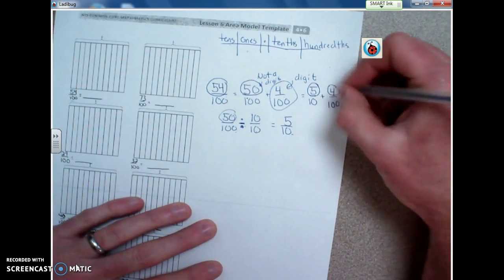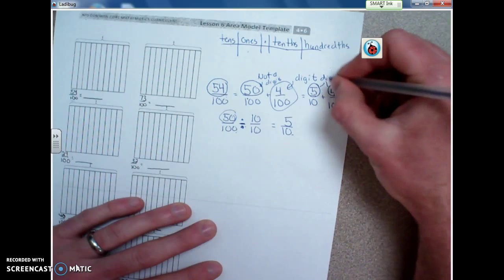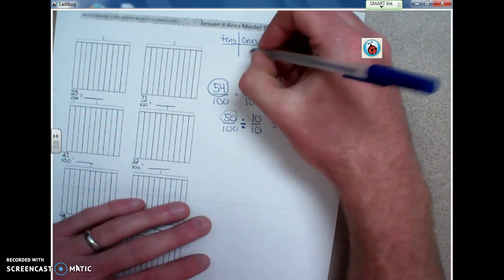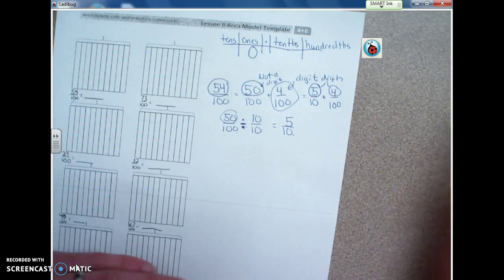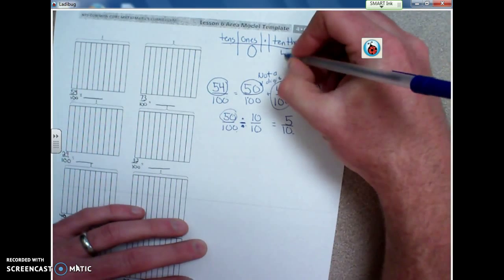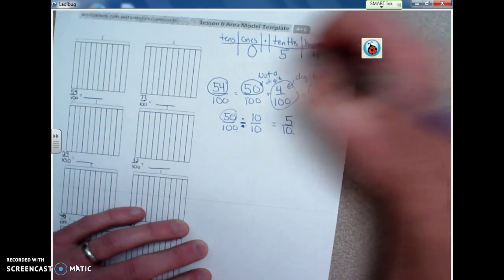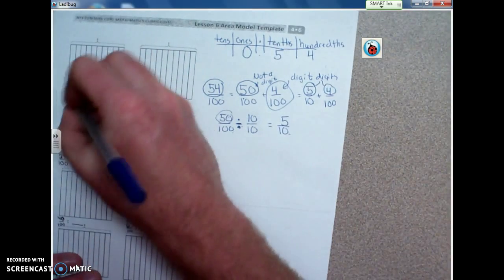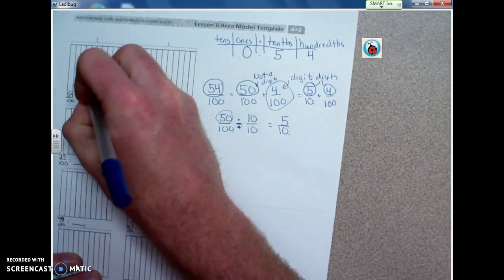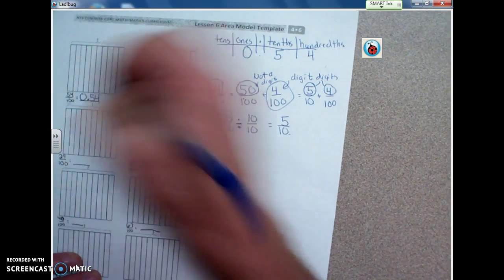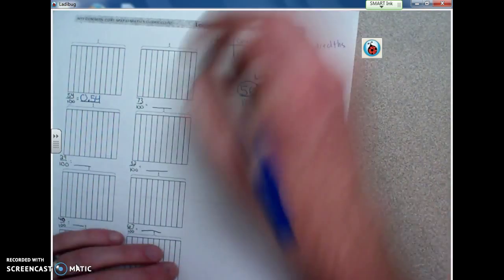These are both digits. So I have 0 ones, 5 tenths, and 4 hundredths. So my decimal becomes 0 and 54 hundredths. That's how I read that: 0 and 54 hundredths.